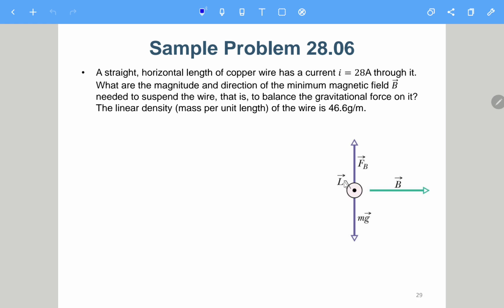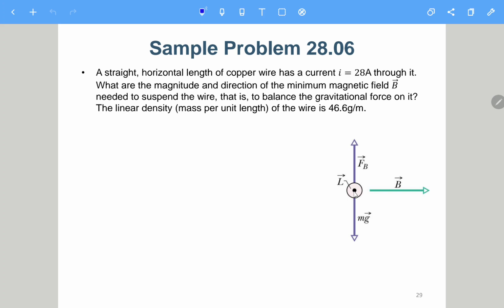We have a wire, and then L is pointing out of the page, which means that the I is pointing out of the page. Okay, so the wire is just sitting there, and then of course there will be gravitational force mg. And there is some current going outside, I to be 28 A, going outside.